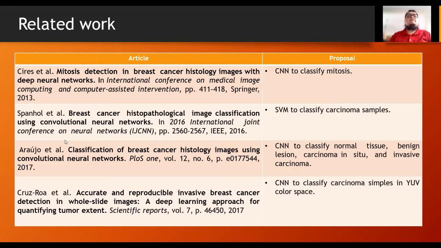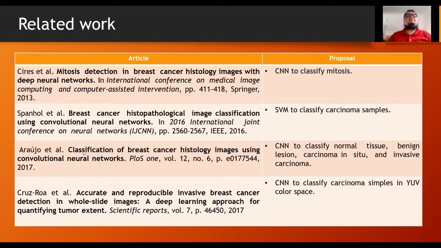The next work is from Araujo and his colleagues. Its name is Classification of Breast Cancer Histology Images using Convolutional Neural Networks. They use a CNN to classify these samples in 4 classes: normal tissue, benign lesion, carcinoma in situ, and invasive carcinoma.